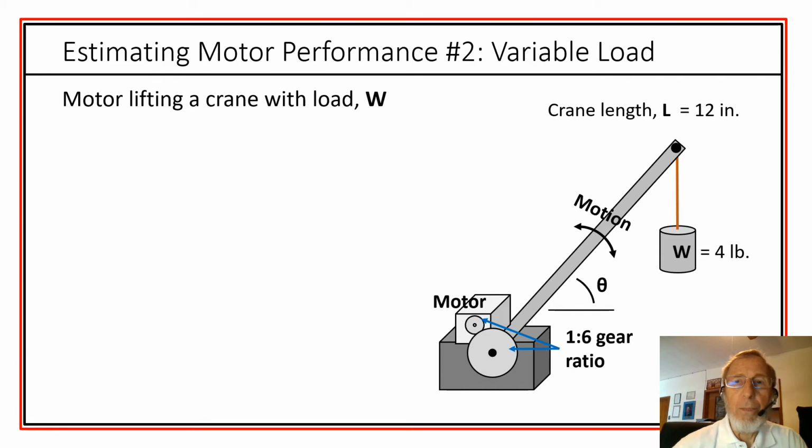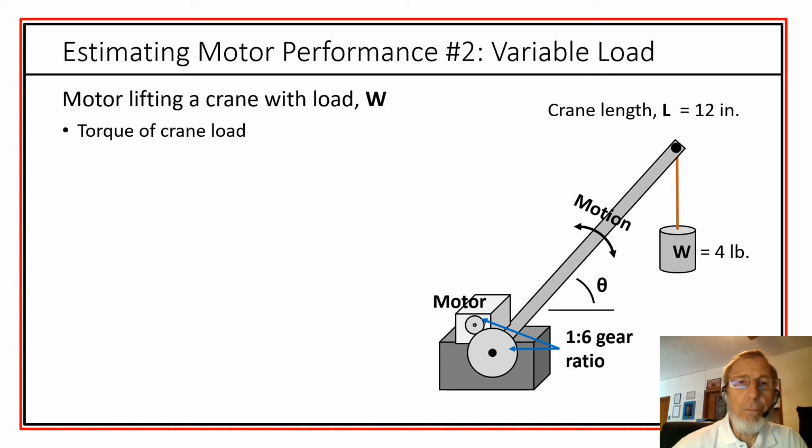Let's take a case now where the load is actually varying, so it's not a constant. We have a crane rotating around a pivot point on its lower end. It's lifting a weight W, and that crane will change in its angle. Theta will change as the load is being lifted or lowered.